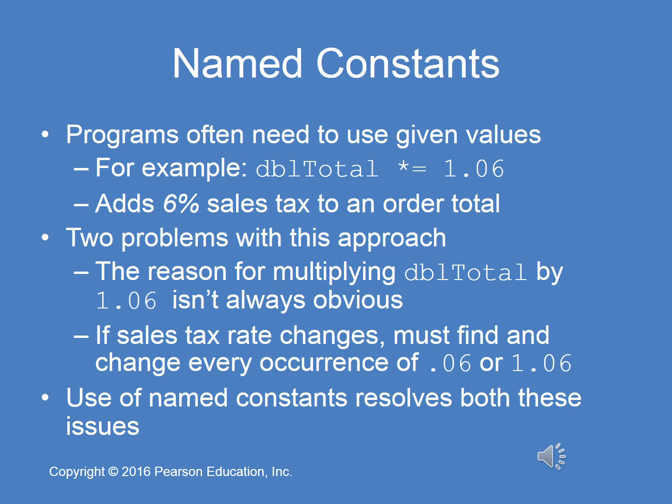If instead of the literal value 1.06 we used a named constant, which I'm going to show you how to do in the next slide, and the tax rate changes in that particular state for that program, you just need to change the value assigned initially during the constant's declaration statement. Hold on and we'll take a look in a second.